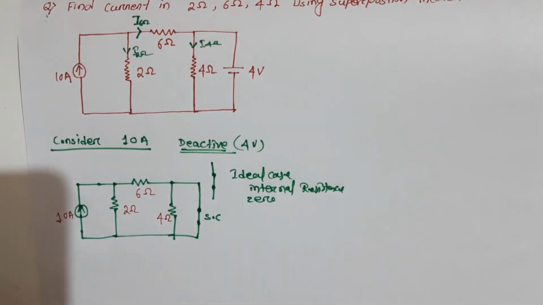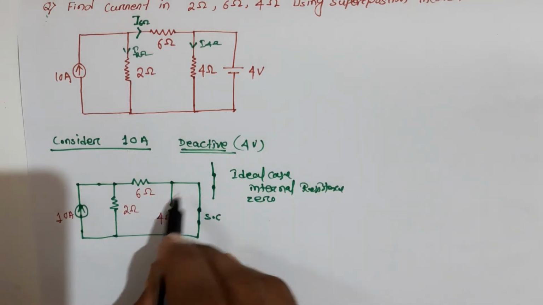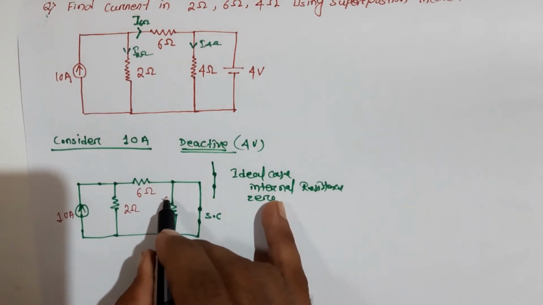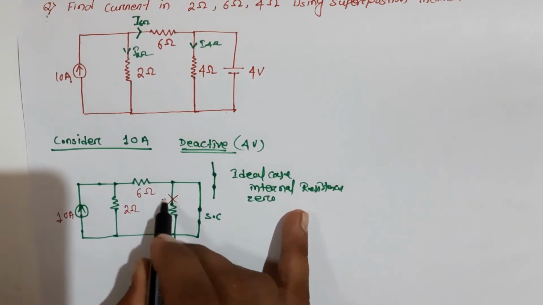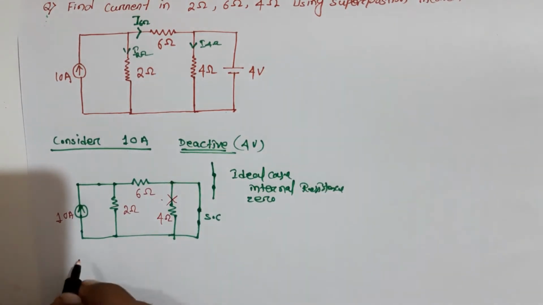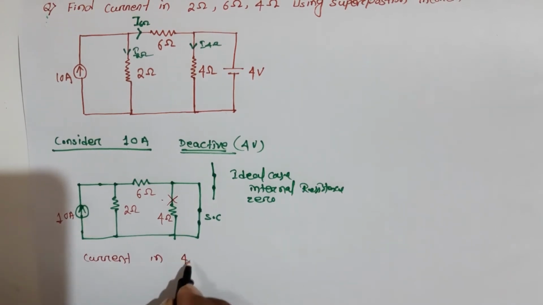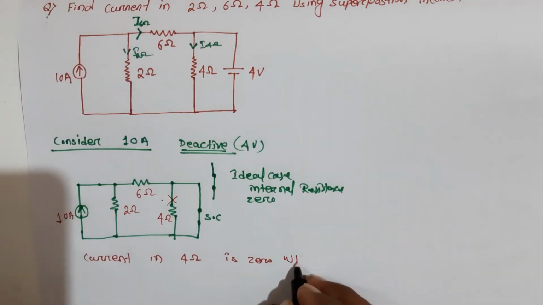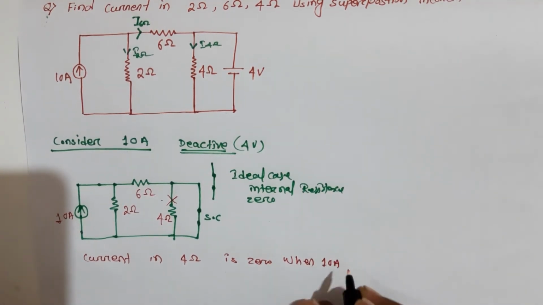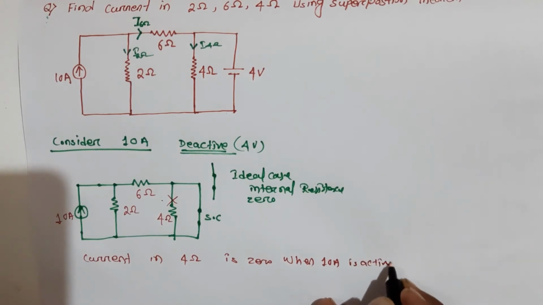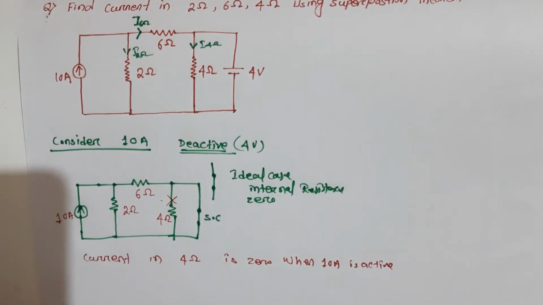Here you can see that when we short circuit across the 4 ohm, there is no current flowing through this branch, so this branch can be eliminated directly. You can say that the current in the 4 ohm is 0 when the 10 ampere source is active, because a short circuit path is provided across it.